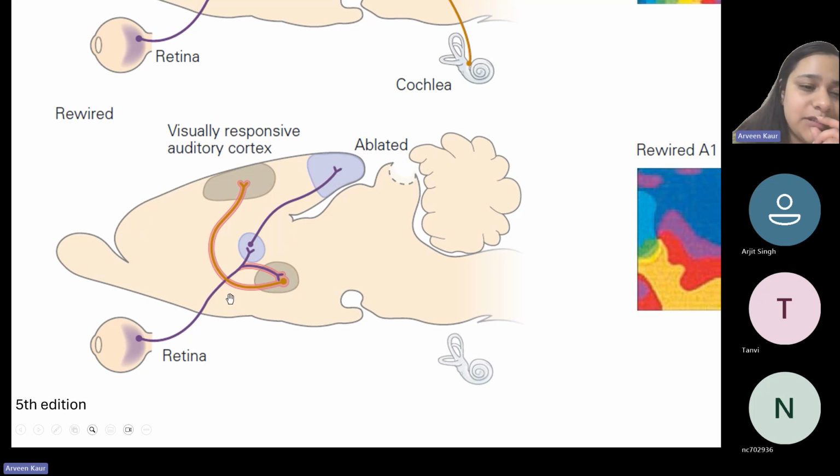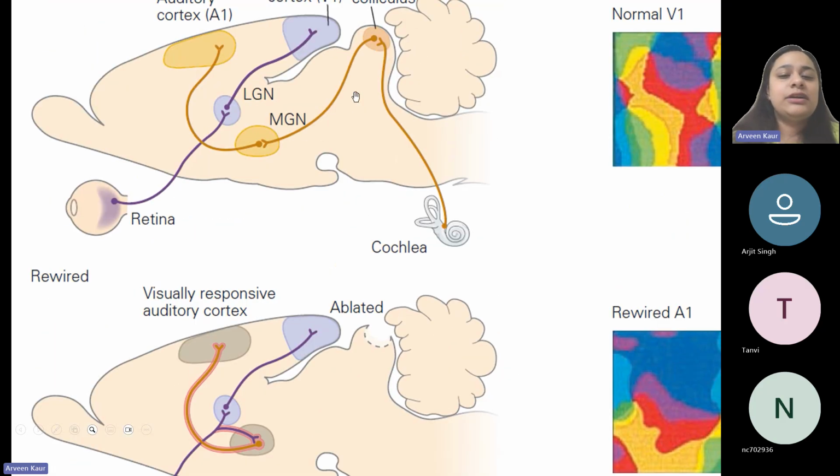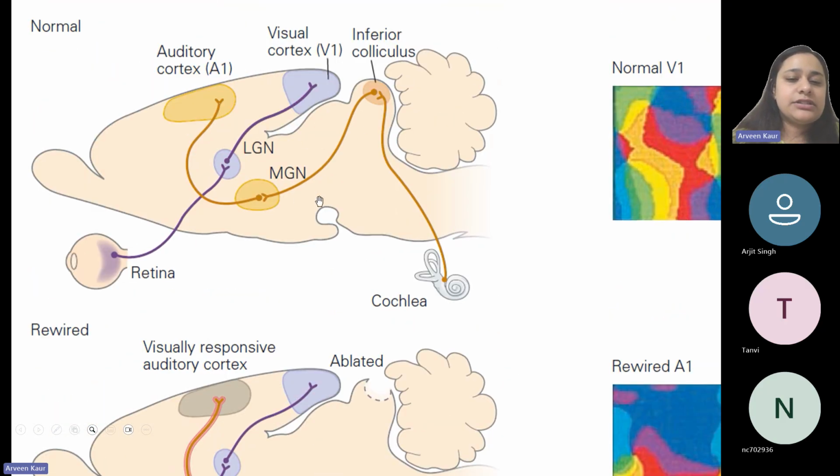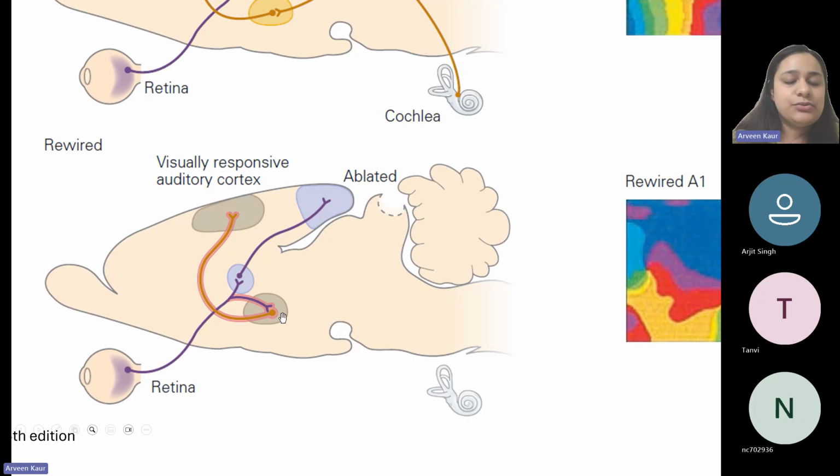Along with this, what happens is sometimes this visual input is getting branched and it is also reaching this MGN region, which was earlier getting signal from the inferior colliculus, right? So earlier this signal used to be the auditory input, right? But since this auditory signal is no longer there, this visual stimuli is branching out and reaching the MGN also, because the neurons are activated in this MGN.